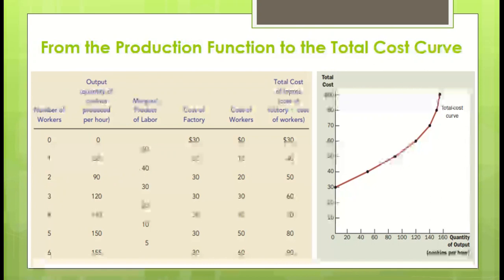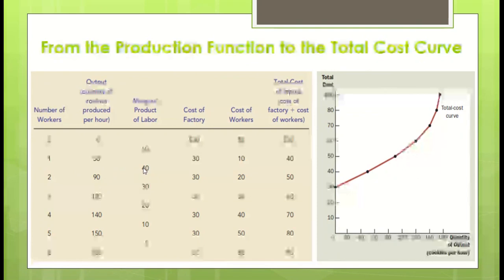That is change in Q, where Q is output, due to change in labor. So here 90 minus 50 equals 40, divided by change in labor, that is 2 minus 1 equals 1. So 40 divided by 1 equals 40. So the marginal product of labor here is 40. Cost of capital is again fixed, and the cost of workers is now $20, and the total cost becomes $50.